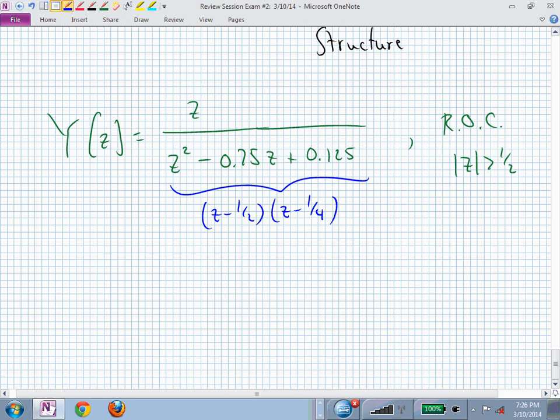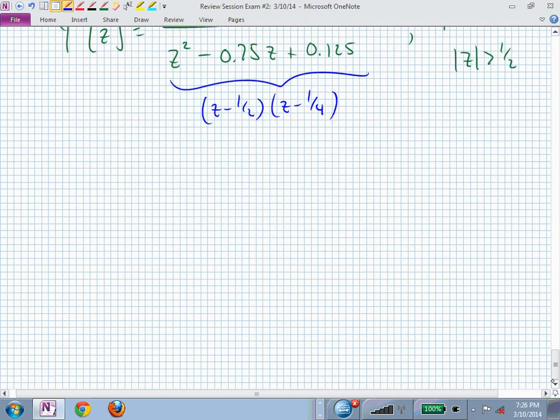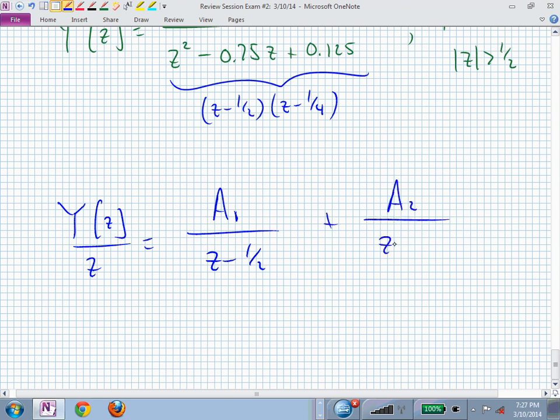And now you can find how much of each mode is present by looking at the partial fraction expansion of Y of z over z. You force that z in the numerator when you're done by putting it underneath Y of z to begin with. So that now you have A1 over z minus 1/2, A2 over z minus 1/4.